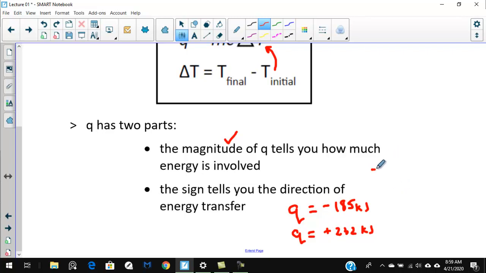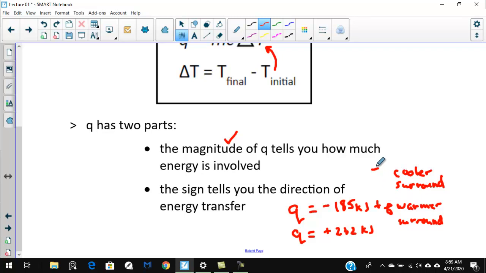So a negative is the surroundings getting cooler, cooler surroundings. And a positive indicates that at the end we should have warmer surroundings. So that's how we're using the negative and positive. We're just assigning those to be those directions within our chemical reaction.